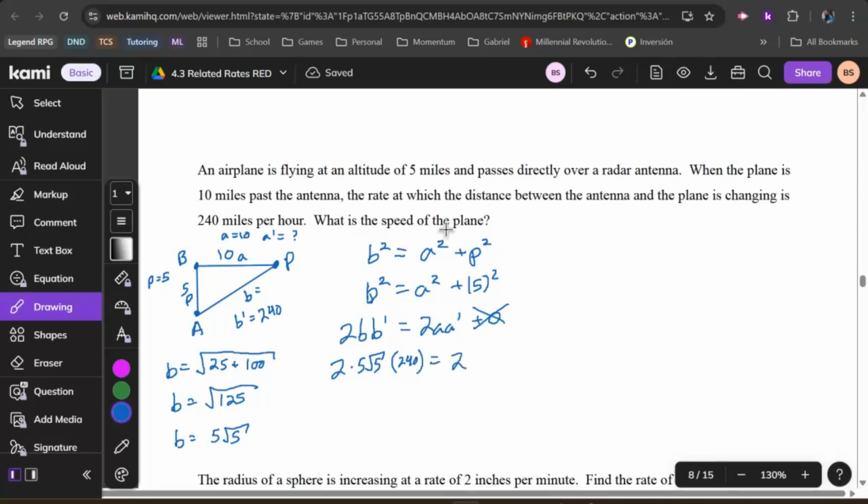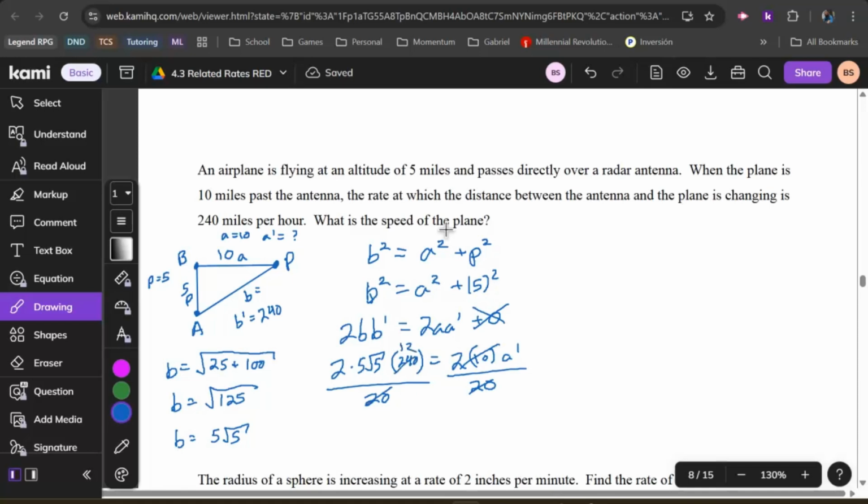And over here, A is going to be 10. And A prime, the speed of the plane, is the thing we're looking for, so we're going to divide both sides, therefore, by 20. So these cancel, because 2 times 10 is 20 over 20. And over here, we can reduce this a little bit too. Probably the easiest is 20, like 240 divided by 20, which is going to give us 5, 10, 12.